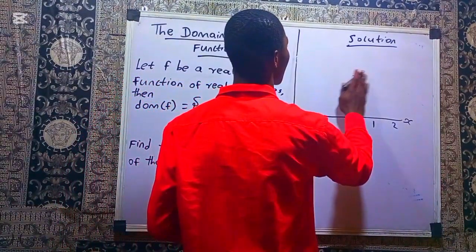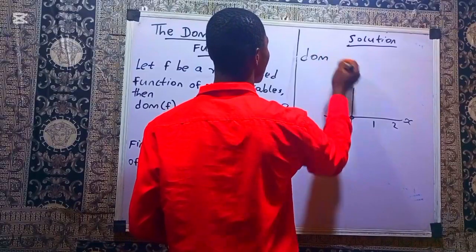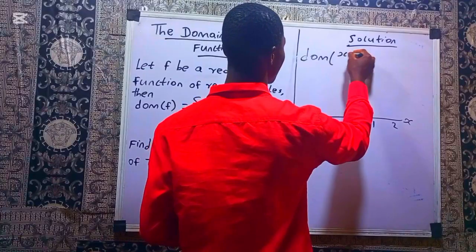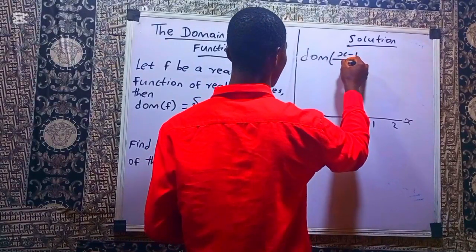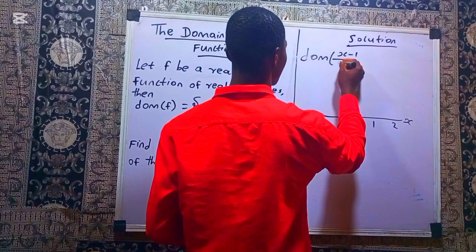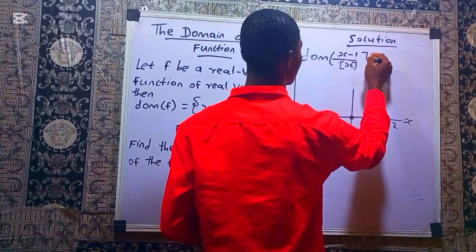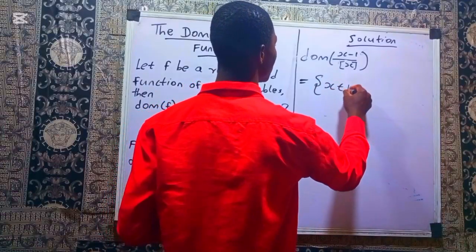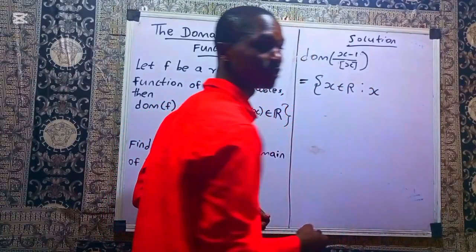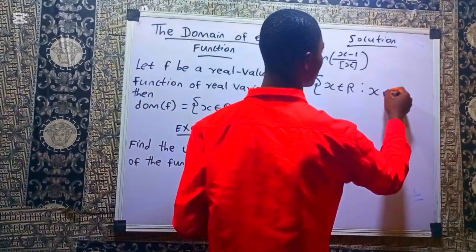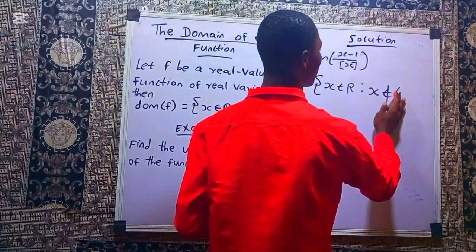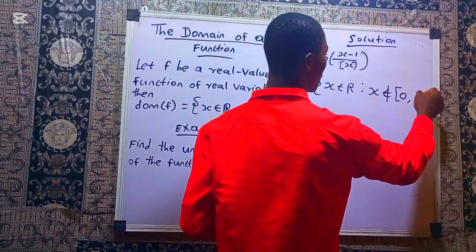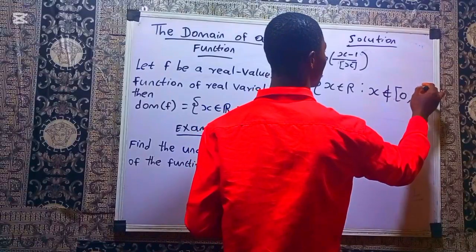So we are going to have that the domain of this function, x minus 1 over greatest integer of x, like what I have said earlier, will be the set of all x elements of real numbers such that x should not be 0 or a number between 0 and 1.